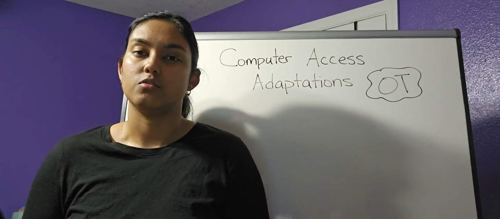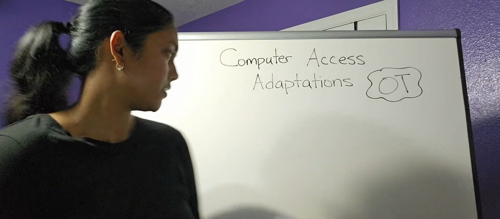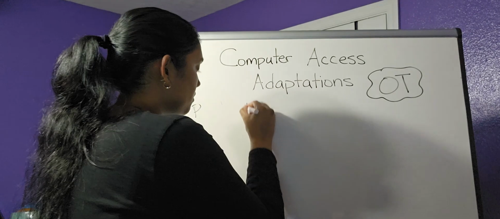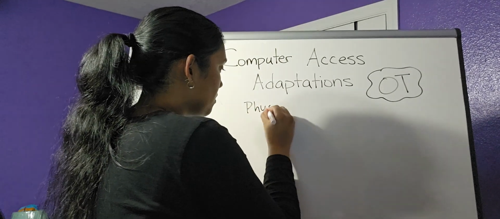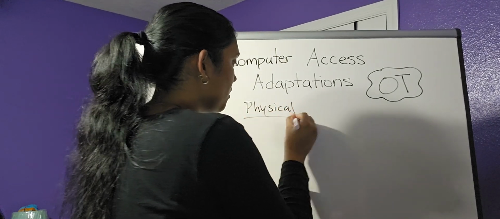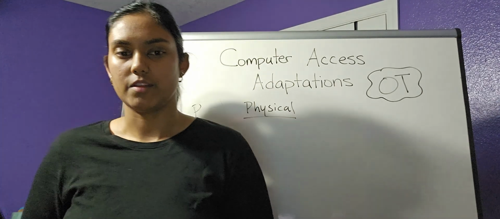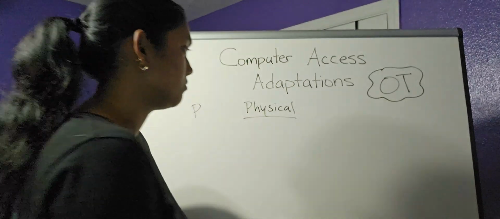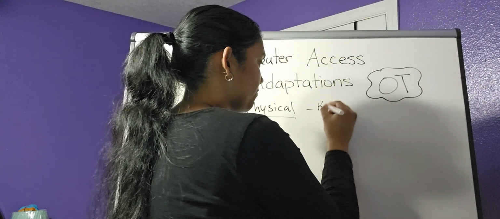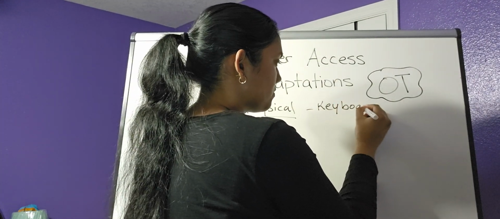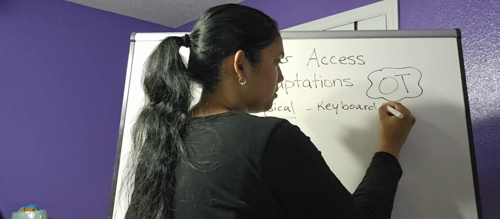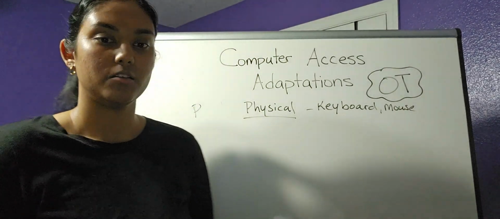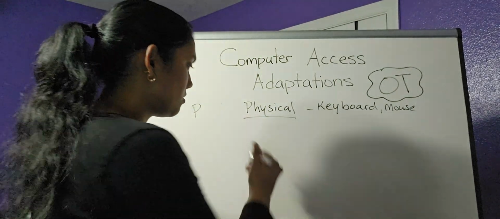So in the eval, you do want to consider the physical access. I'll write it over here. So these are things like, can they actually control the keyboard or the mouse? Keyboard, mouse. Then you have visual aspects.